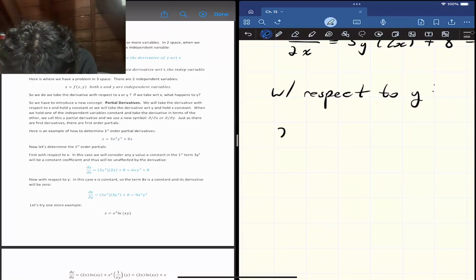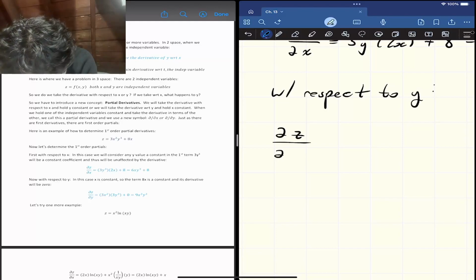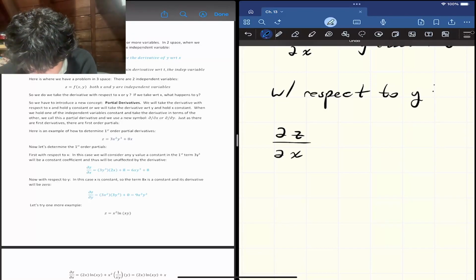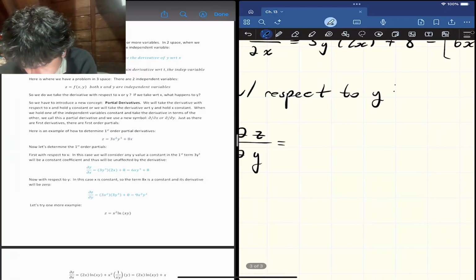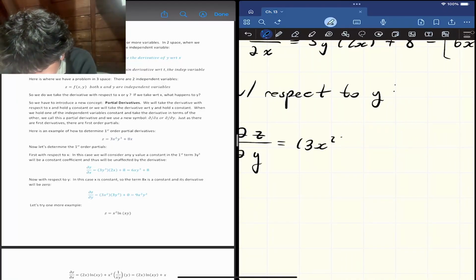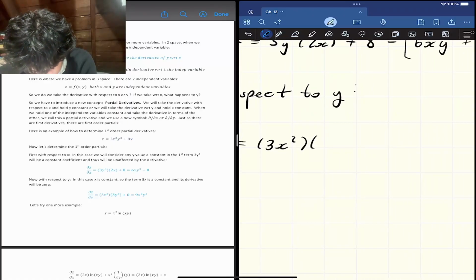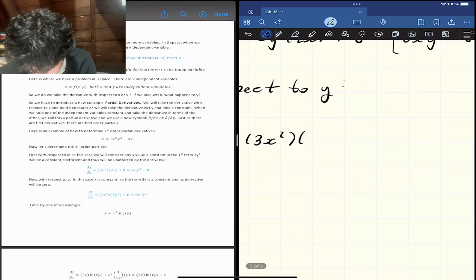So the partial of z with respect to y, rather, would then be equal to that 3x squared, which now gets removed because it's a constant, times... Am I an idiot?